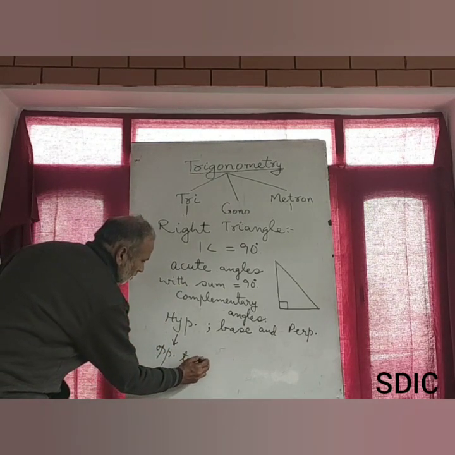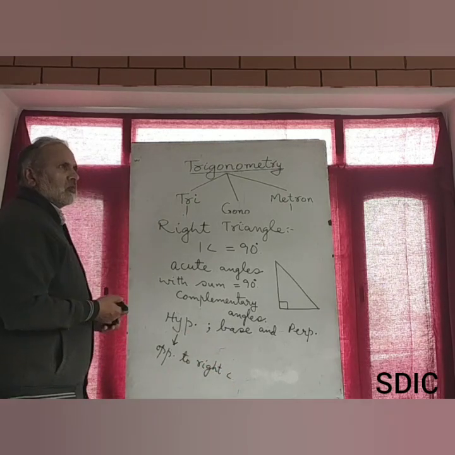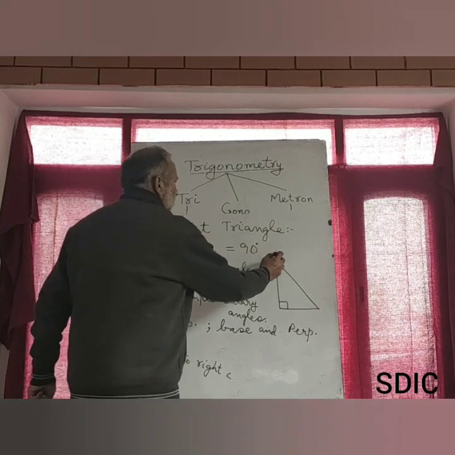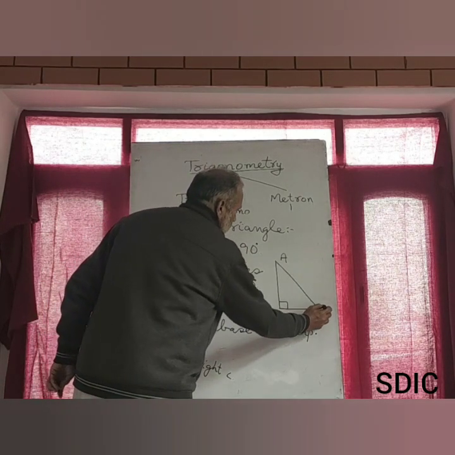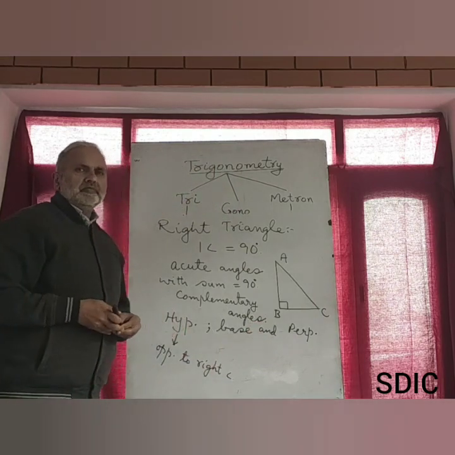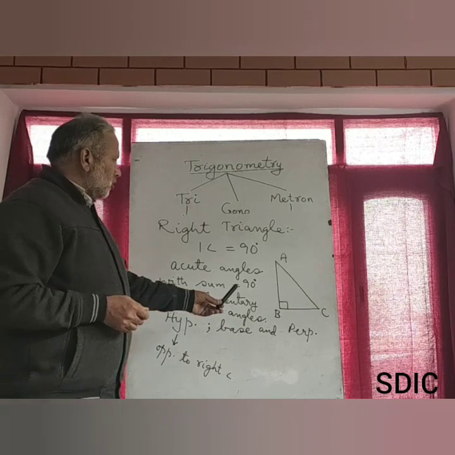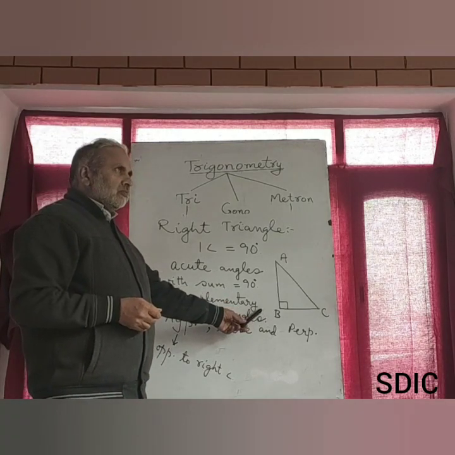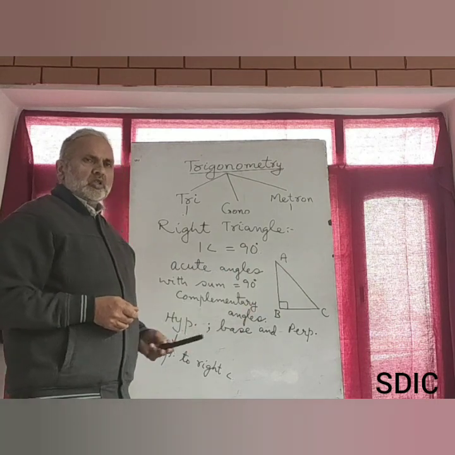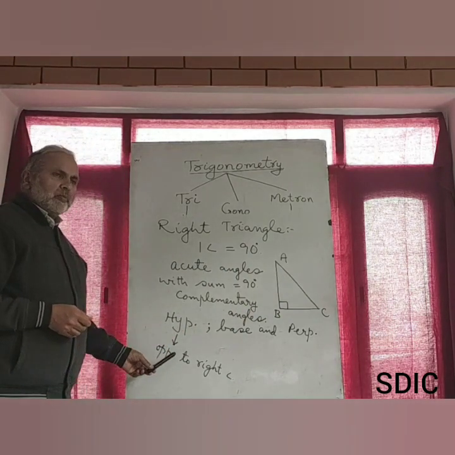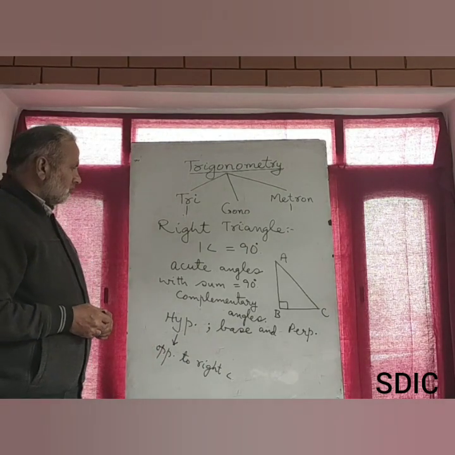If we name this triangle as ABC, then the side opposite to its right angle is AC. Therefore, AC is the hypotenuse of this right triangle.